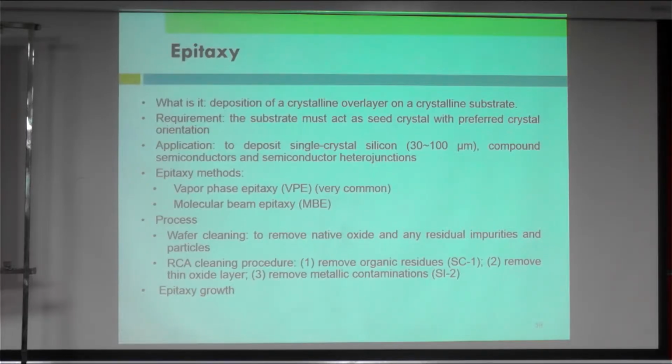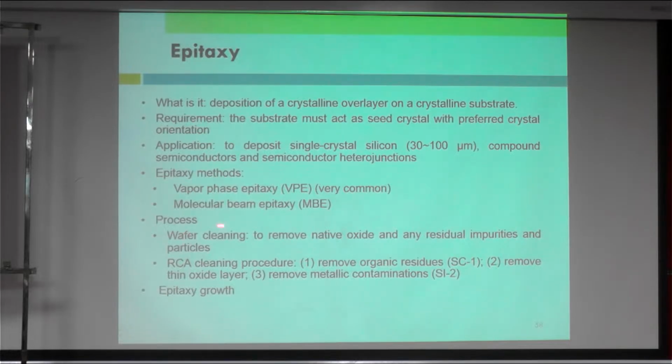The layer needs to have a seed. Applications include depositing single crystal silicon, for example 30 to 100 micrometers, compound semiconductors, and semiconductor heterojunctions. For epitaxy methods, we have two types: vapor phase epitaxy, which is very common, and MBE, molecular beam epitaxy.